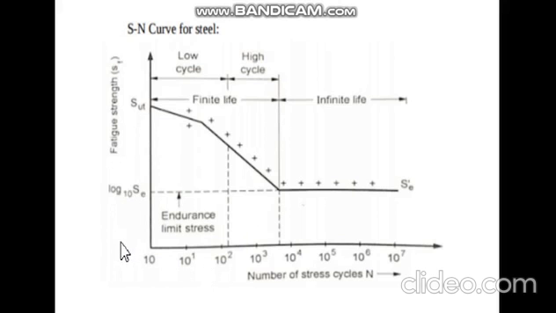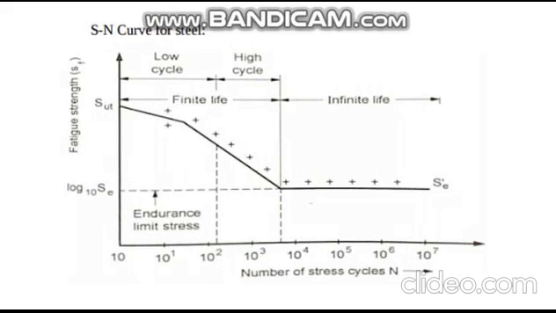Now you see this is SUT. SUT means ultimate tensile stress, and this is the SE, that is the endurance limit. Initially up to 100 cycles, it is called low cycle fatigue, and beyond it is called high cycle fatigue.